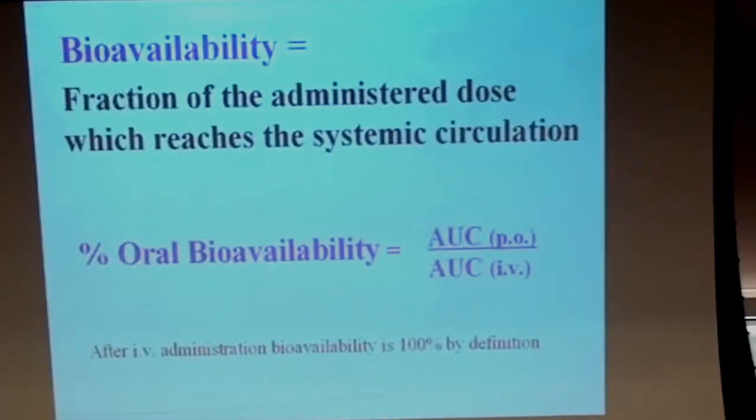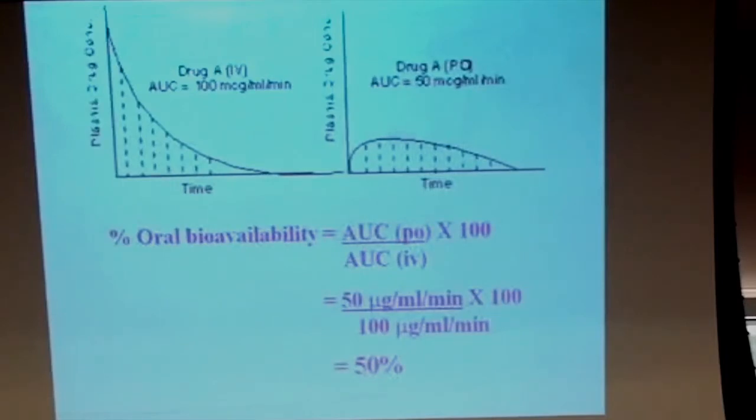And you determine it by giving the drug IV, measuring plasma concentrations, and getting the area under the curve. And then you give the same drug again, orally. You measure plasma concentrations. You ratio the areas under the curve, and you multiply by 100. And then you get your percent oral availability. And typically, to develop a drug orally, you want at least 40%.